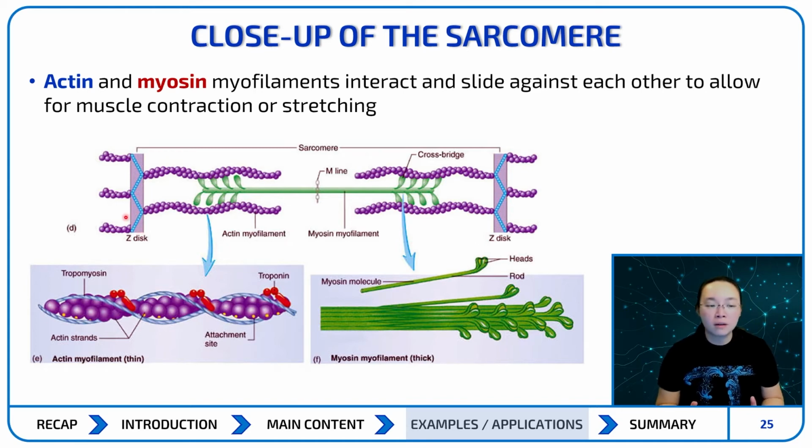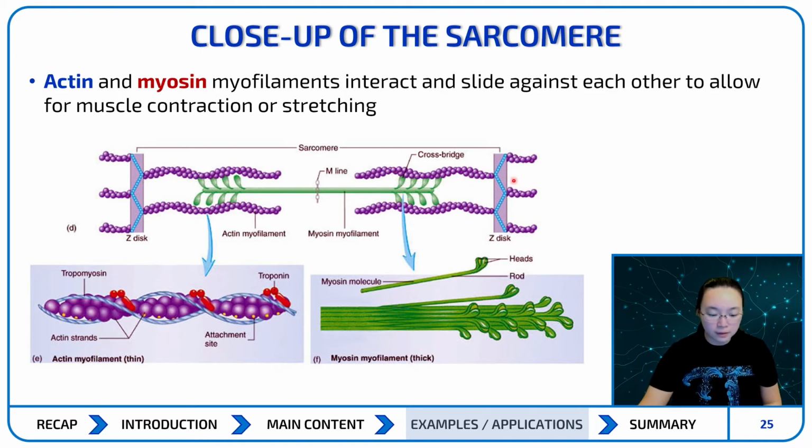One sarcomere is the distance between two Z discs. So here you can see that the myosin filaments in green overlap the purple actin filaments. And so there are cross bridges over here that connect the myosin filaments to the actin filaments.